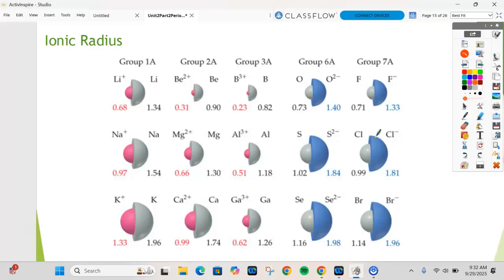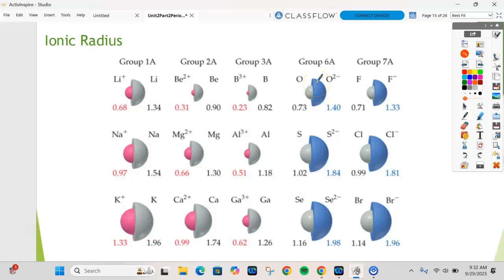The other thing is comparing the ions to each other. So we can see just this pink part: lithium to beryllium to boron gets smaller and smaller and smaller. The anions also get smaller as we go across.